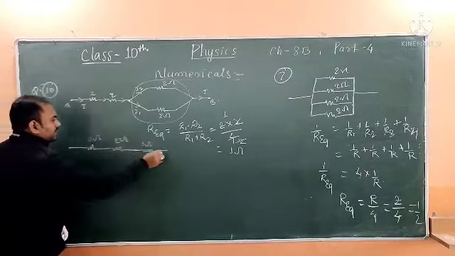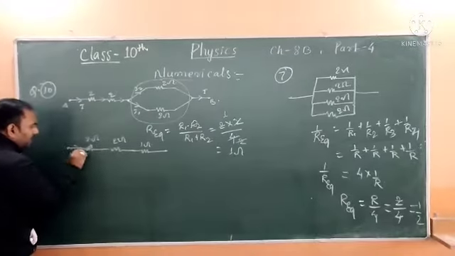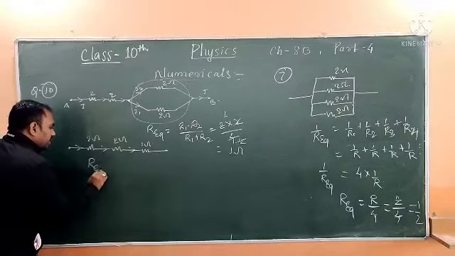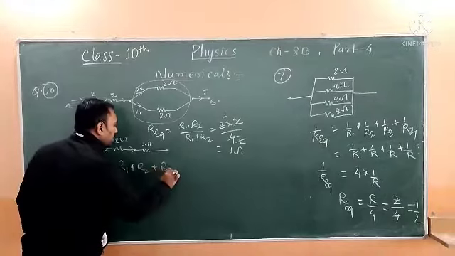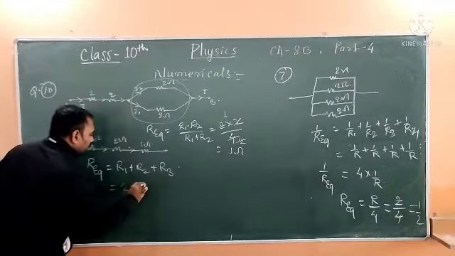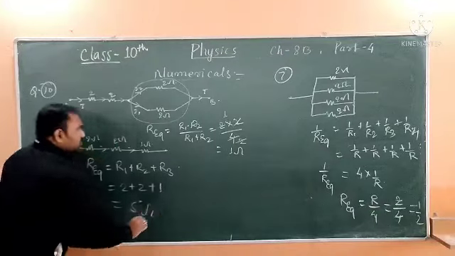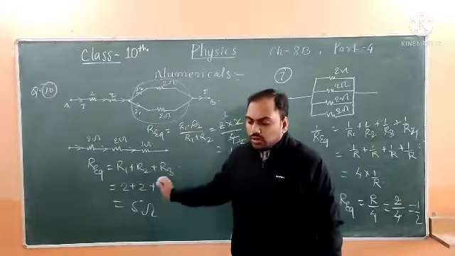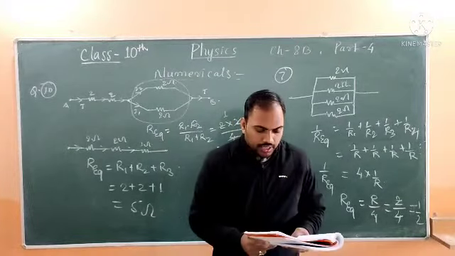As all are in series, R equivalent is R1 plus R2 plus R3, so 2 plus 2 plus 1, that is 5 ohm. So the whole equivalent resistance will be equal to 5 ohm. I hope you get it.